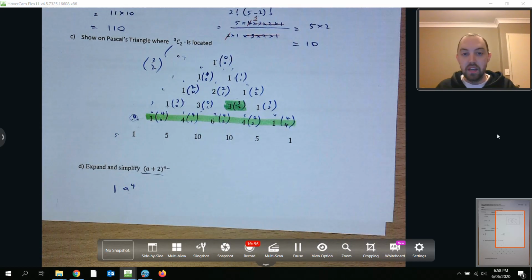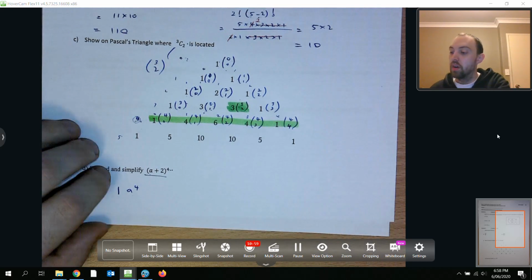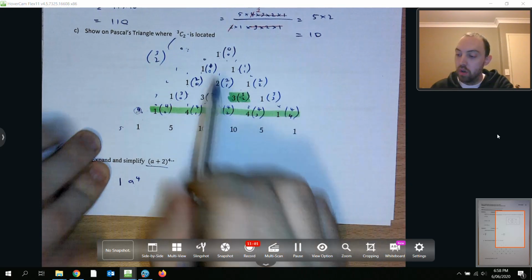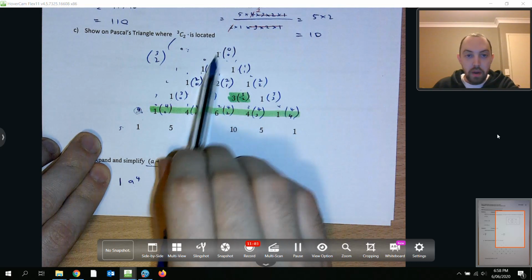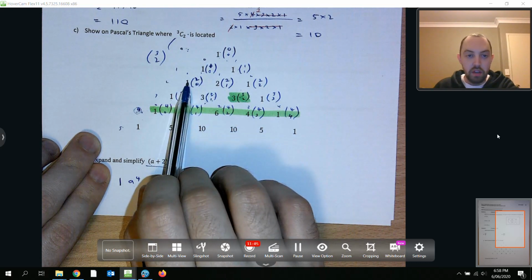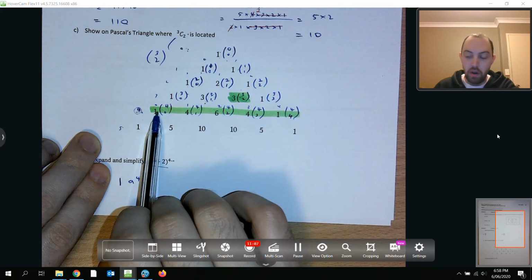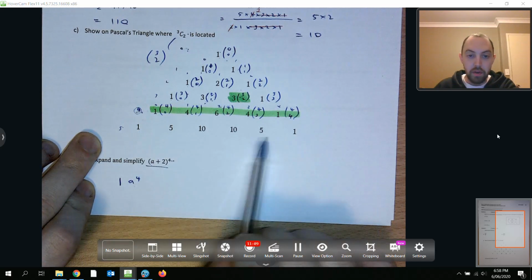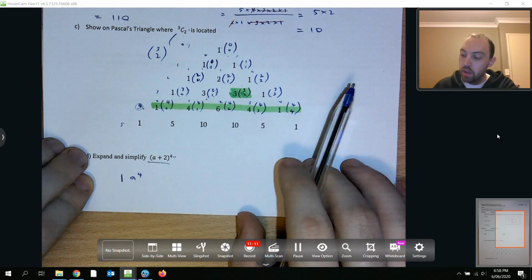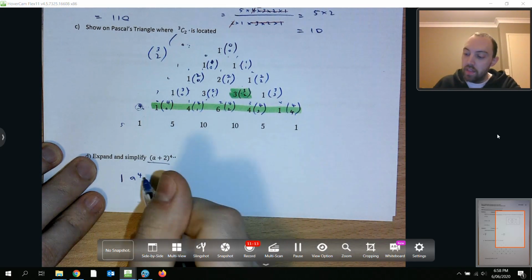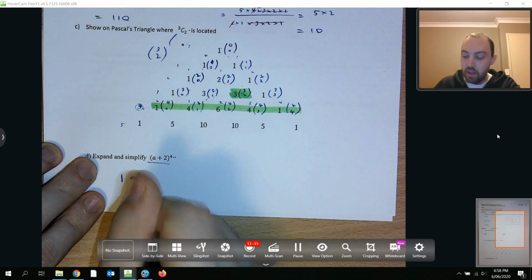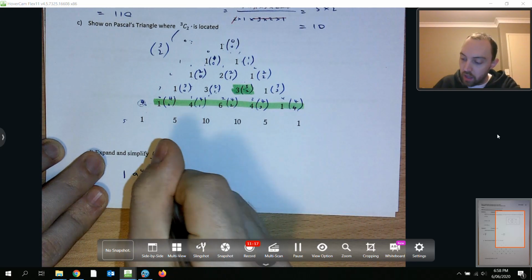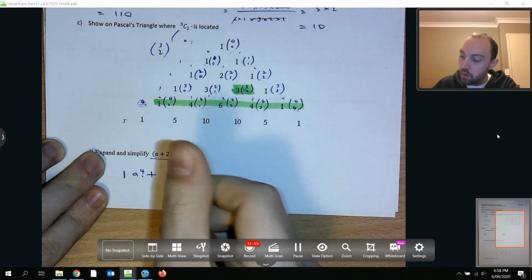Anyway, it's going to start with 1, but right now we are looking at the numbers in this part of Pascal's triangle. 0th power, 1st power, 2nd power, 3rd power, 4th power, and then your 5th power. And then decreasing powers as you go across. So that will look like 1 times a to the power of 4.